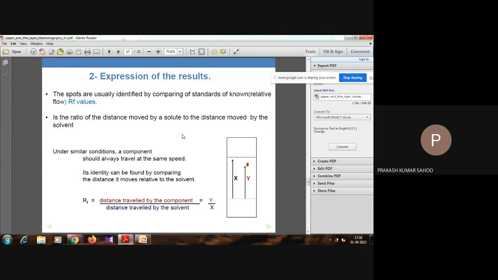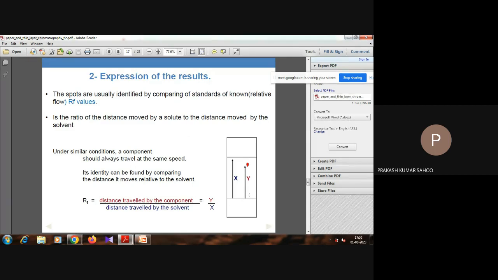Now the RF value is a characteristic parameter called the retardation factor, and it is abbreviated as RF. It represents the position of an ion or a substance with respect to the solvent phase. RF of a solute is defined as the ratio of the rate of movement of the solute to the rate of movement of the solvent.